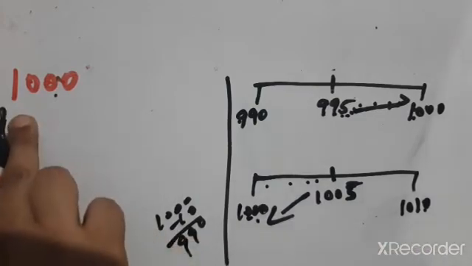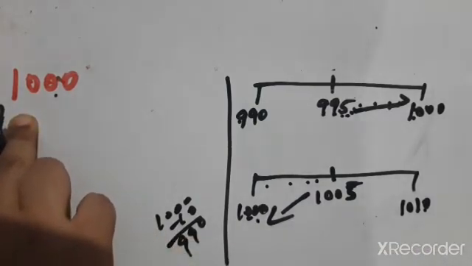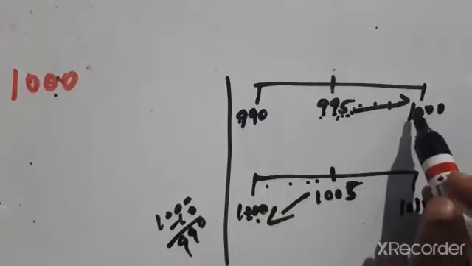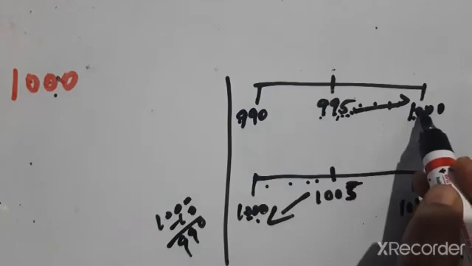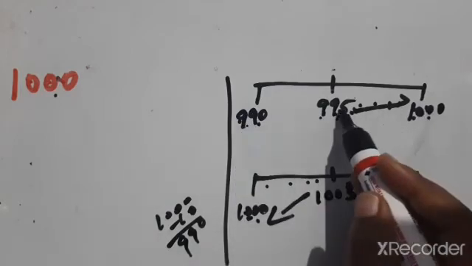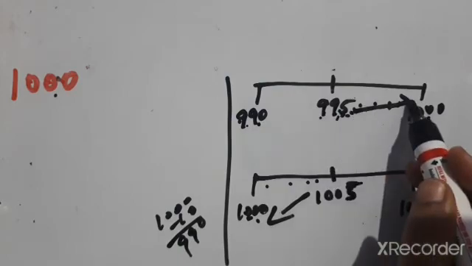So we are checking which numbers can be rounded to the thousands place. First we write 1000 on the number line, and 990. Numbers between 990 to 1000: 95 and above is rounded to the next place.